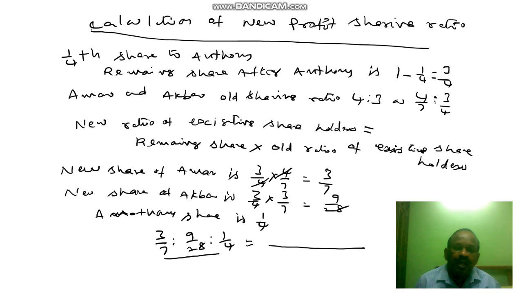All the denominators will be divisible into 28. So 7 goes into 28 four times, 4 into 3 is 12; 9; and 4 goes into 28 seven times, which is 7. So here their new profit sharing ratio is 12 : 9 : 7.